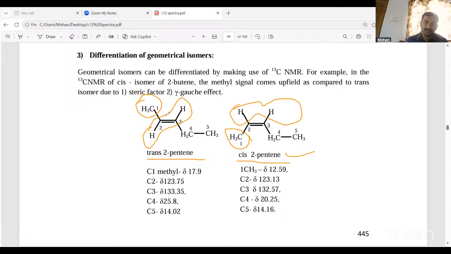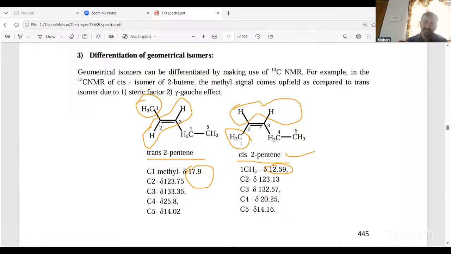The C1 carbon methyl in the trans configuration is delta 17.9, and in the cis configuration, the same methyl group shows 12.59. So there is a difference of about 5, due to the orientation of that particular methyl group.